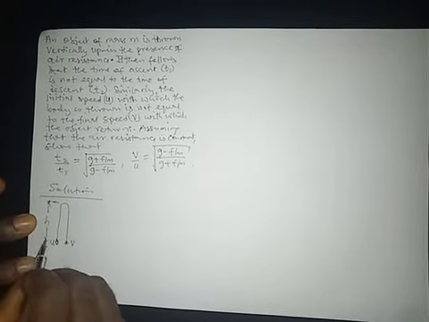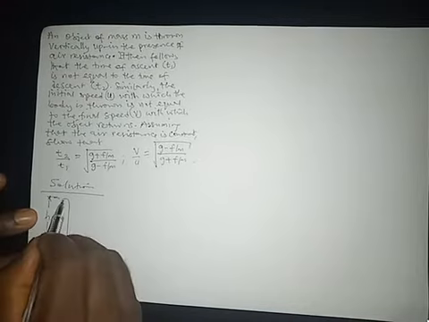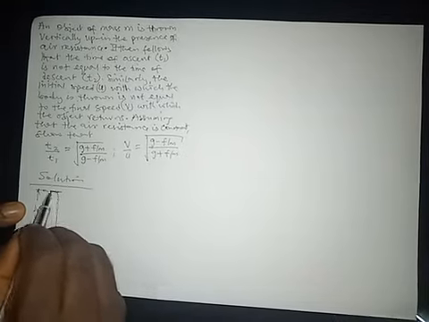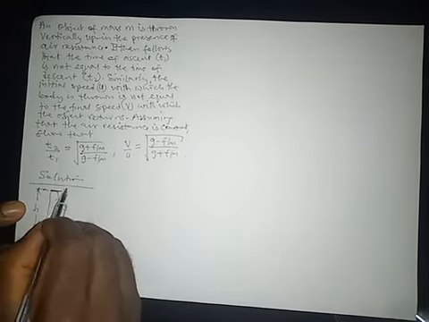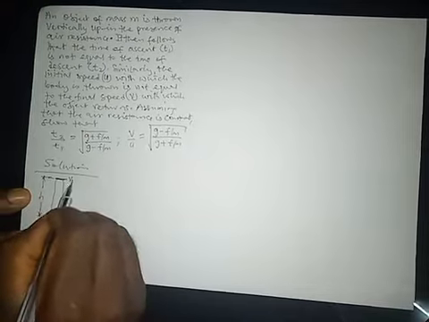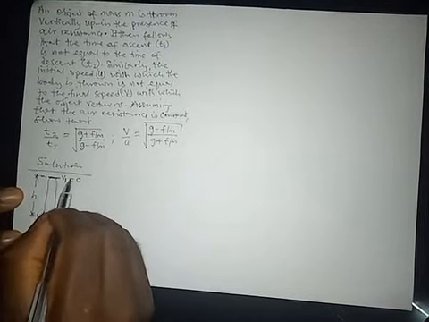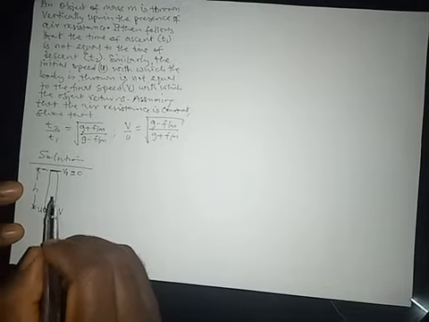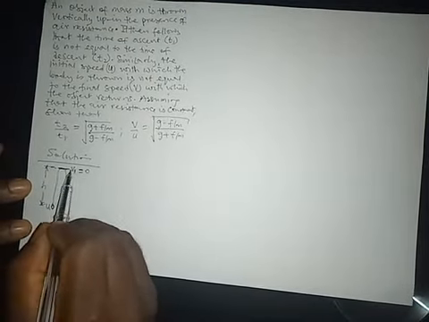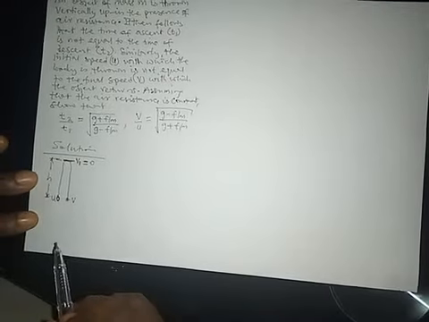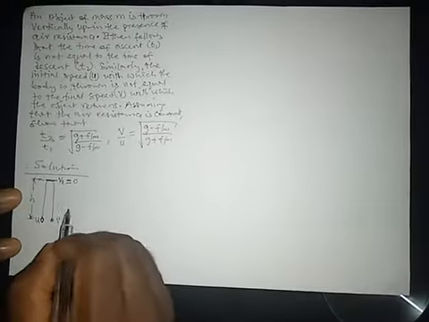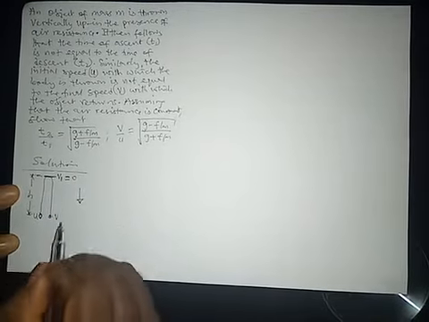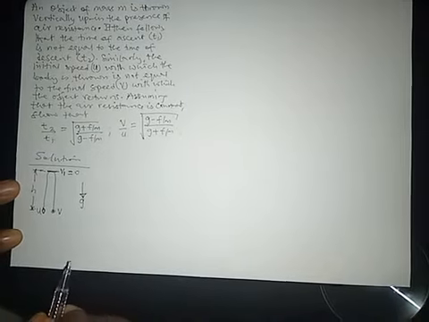At the point where it has reached the highest height, the velocity there, let us call it v1, is 0, because it will stop temporarily before it turns and starts to return to the base. Don't let us forget that the direction of acceleration due to gravity is usually downward.